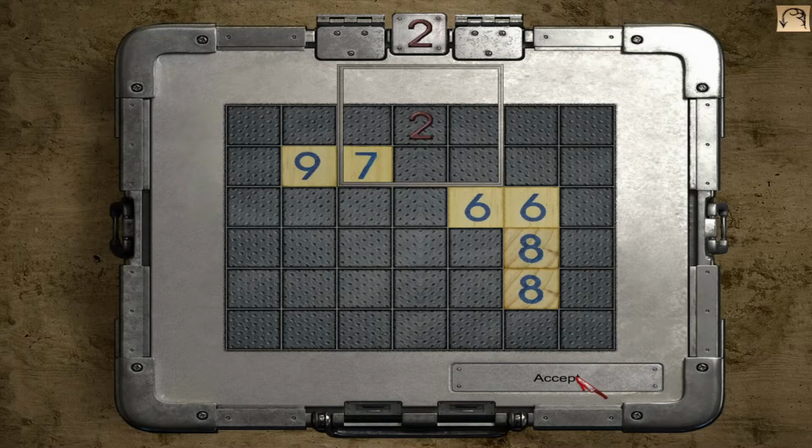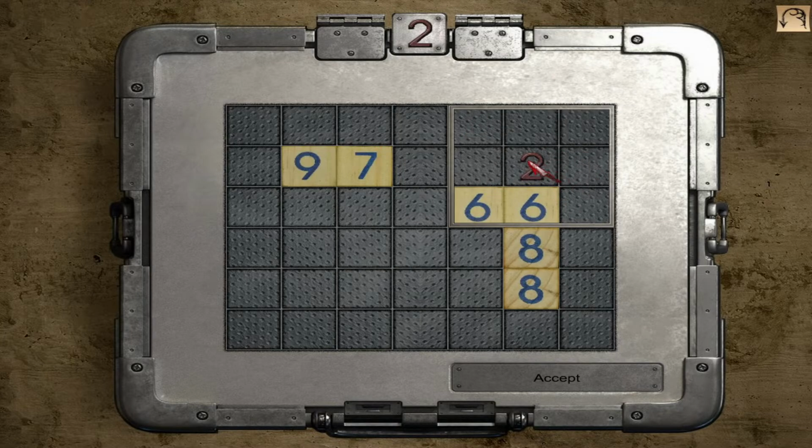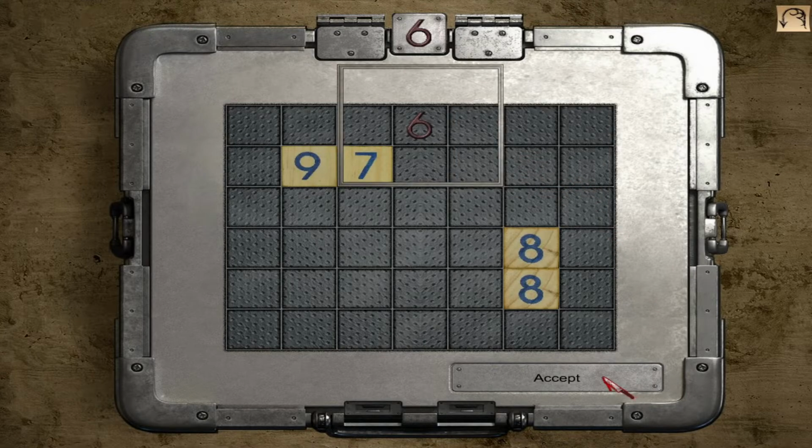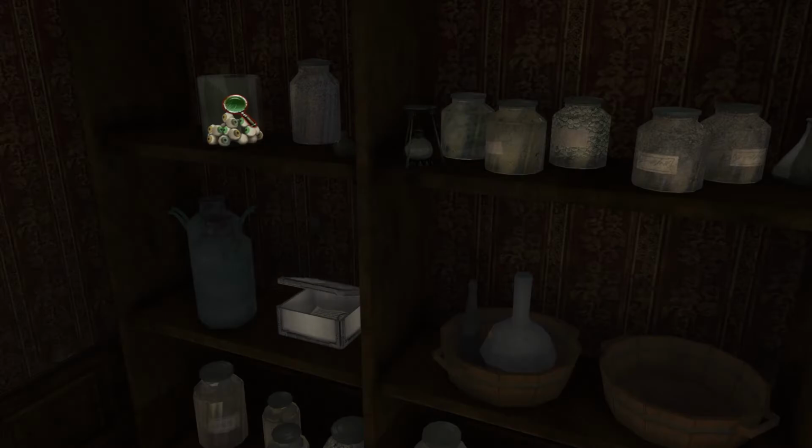So either it took only one of the numbers, maybe the last one or the first one. I don't know. But so let's see. This would be 12. So can I... So 1 and 2. Let's see if this works. Okay, it does work. 16. This is also 16. There we are. Magnificent.